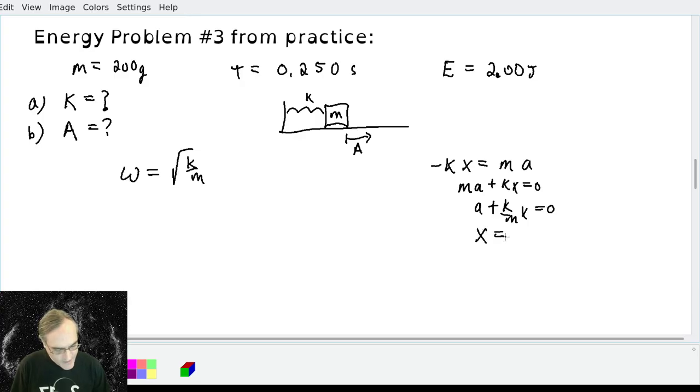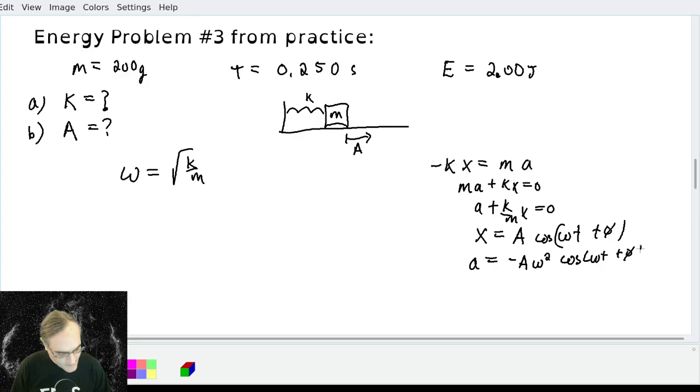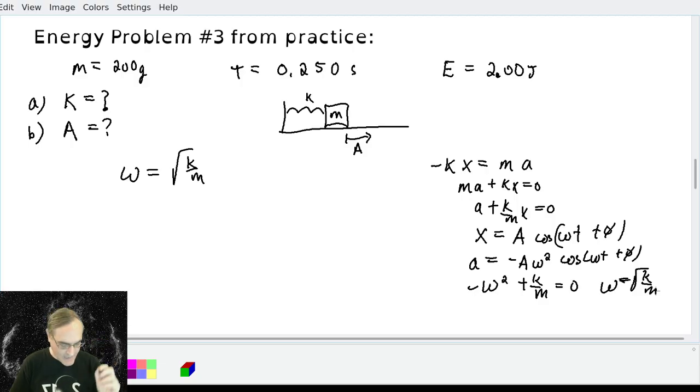If we're thinking about x as looking something like A cosine of omega t plus a phase, then the amplitude, sorry, not the amplitude, the acceleration would look like minus A omega squared cosine of omega t plus phase, which will give us basically minus omega squared plus K over M is equal to 0, so omega is the square root of K over M. Now I did run through that pretty quickly. The double derivative of a cosine isn't that hard to do in your head, but the rearranging and substituting in, I did skip a couple of steps.